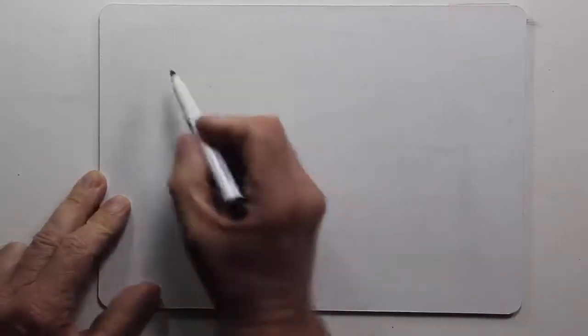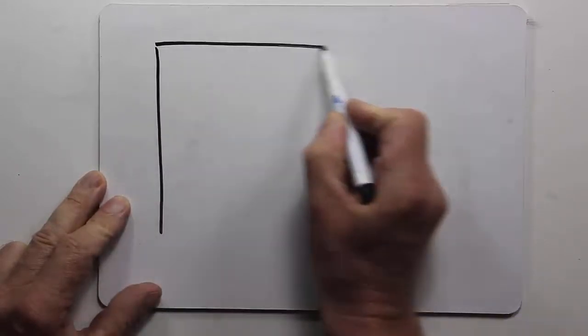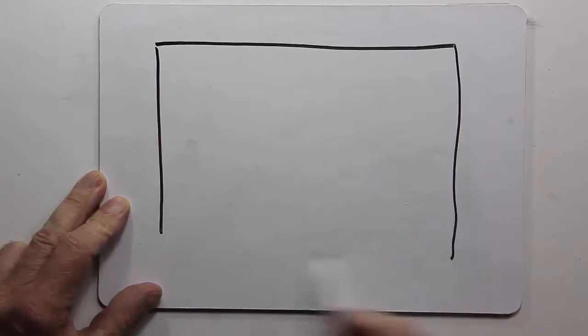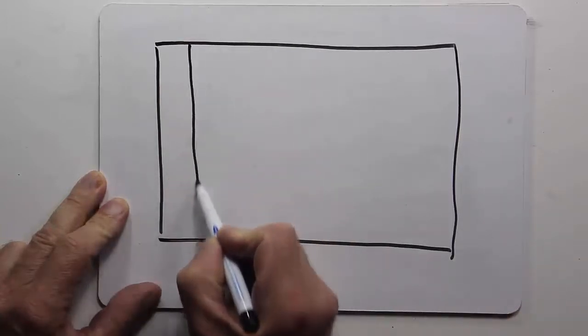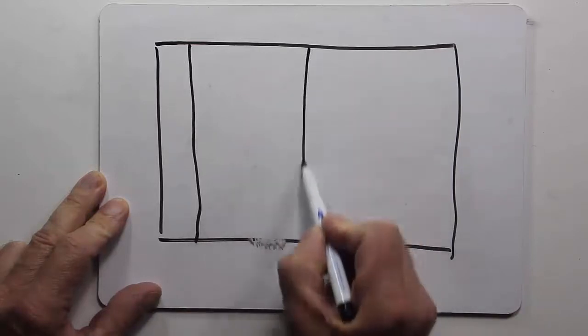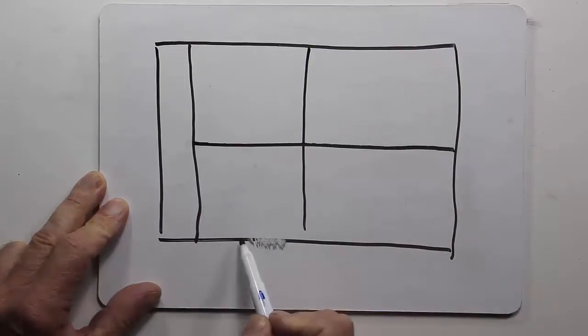Okay, so I just want to show you minor 6 before I finish this video. So again, we draw a box like so. Put a thin line there, and then we draw a box there.